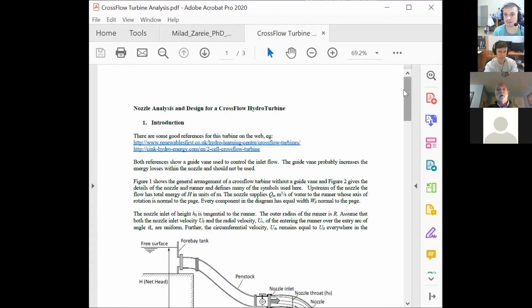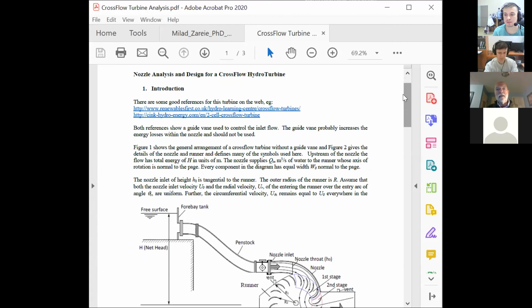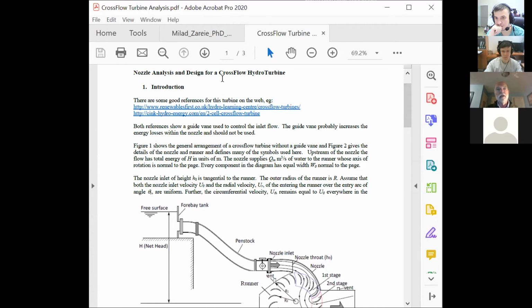Okay, so what we're looking at here is the typical way that we do basic performance analysis for fluid machines like hydro turbines. We're going to see starting next week that there's a huge range of different hydro turbine technologies. The particular one that I'm showing you here is called a cross-flow turbine.